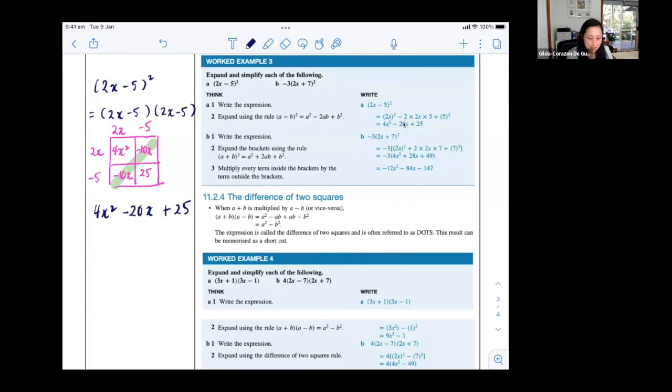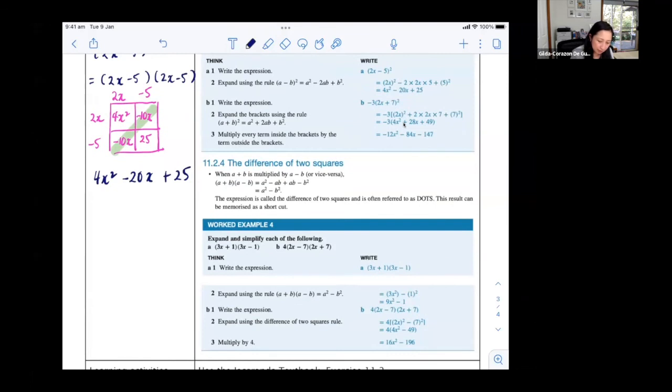The same thing when you multiply 2x plus 7. If you want to square that, the first terms would be 4x squared. The last terms would be the square of this, which is 49, right? But what's the middle term? The middle term would be 2x times 7, which is 14x.